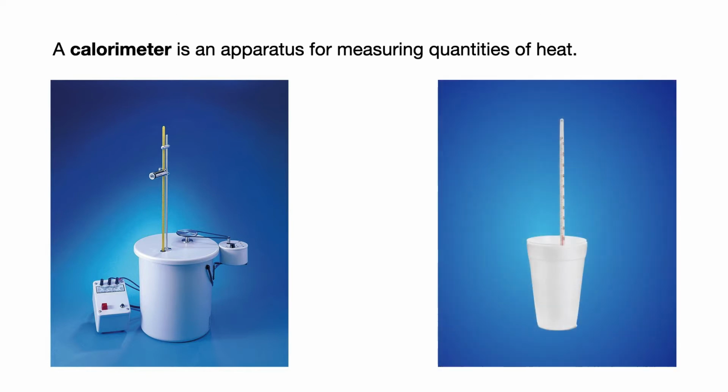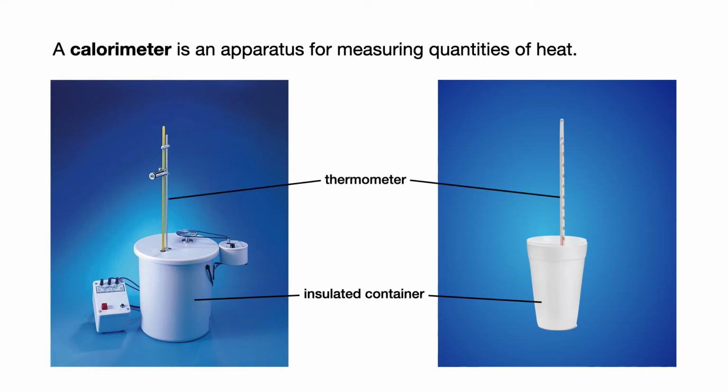You can also have very simple calorimeters consisting of a styrofoam cup and a thermometer. The important thing that makes both of these pieces of apparatus calorimeters is that you've got an insulated container where you can put whatever it is that you're studying, and then you have a thermometer for keeping track of changes in temperature.